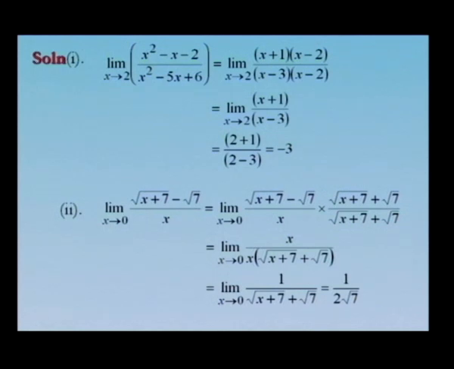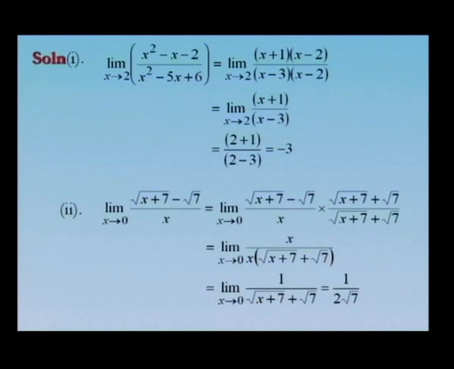So let us find the limit of the function given in example 1. Here limit x tends to 2, (x square minus x minus 2) upon (x square minus 5x plus 6). So we can see that x square minus x minus 2 has factors x plus 1 and x minus 2, and the denominator x square minus 5x plus 6 has factors x minus 3 and x minus 2.